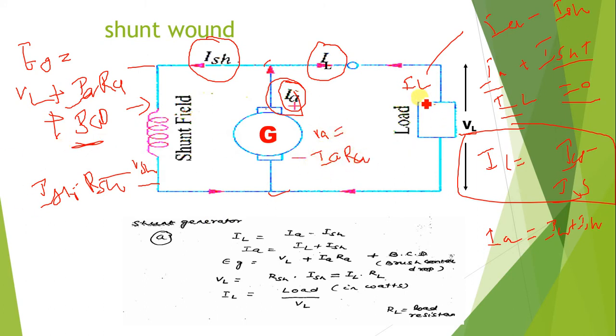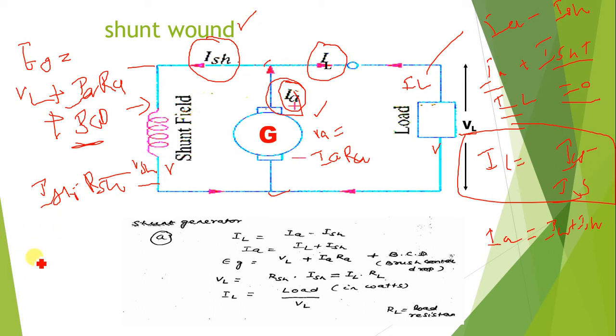The total voltage, or the EMF generated, is common across all of these: the shunt coil has the same voltage, the generator has the same voltage, and the load also has the same voltage. So whenever we need a common or standard voltage, we should go with a shunt wound field coil. A shunt wound field coil will provide a common voltage.